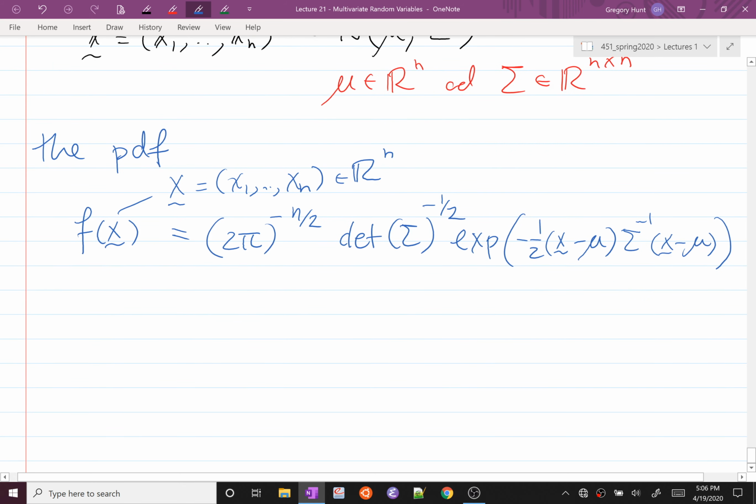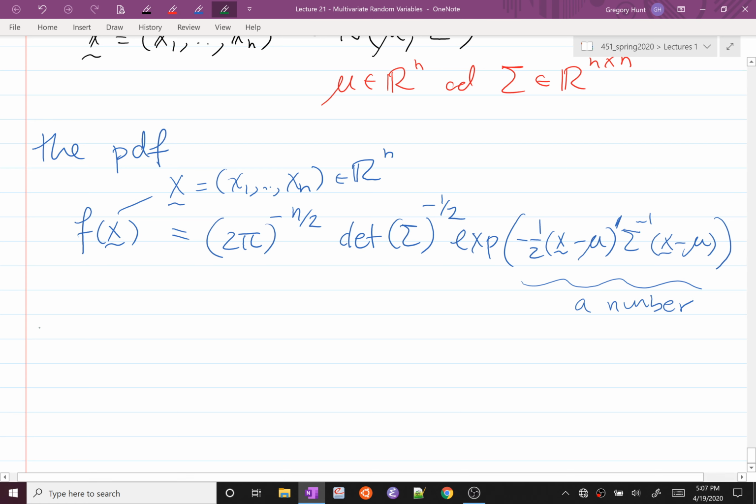Notice that this thing here is just a number. Let's work out the dimensions to get this right. It's x minus mu transpose sigma inverse x minus mu. Now it works out well: it's a 1 by n times n by n times n by 1. So that gives us just a 1 by 1 matrix, which is a number.